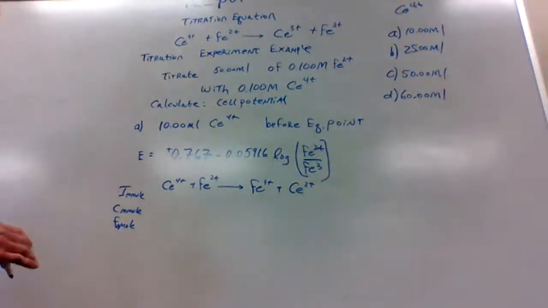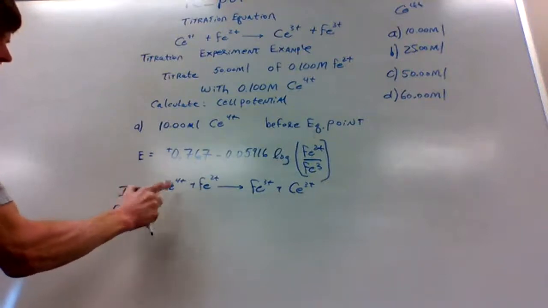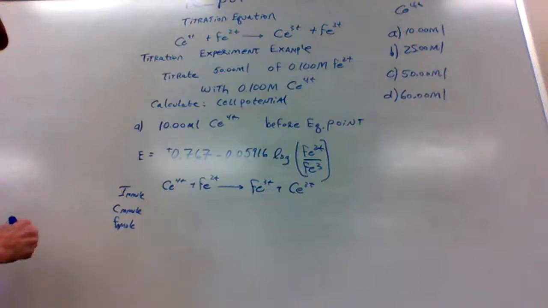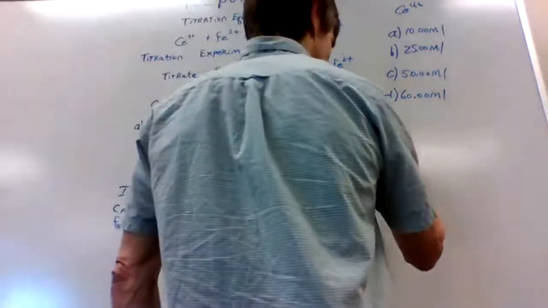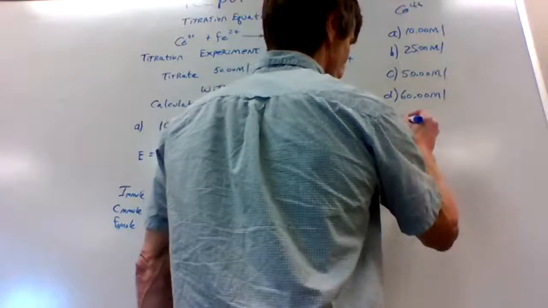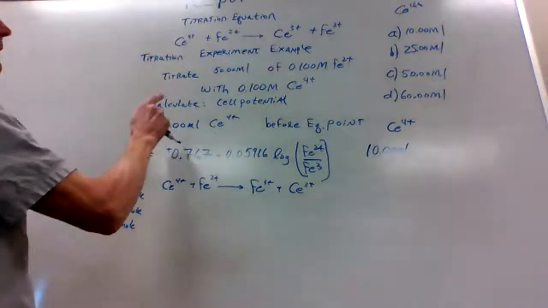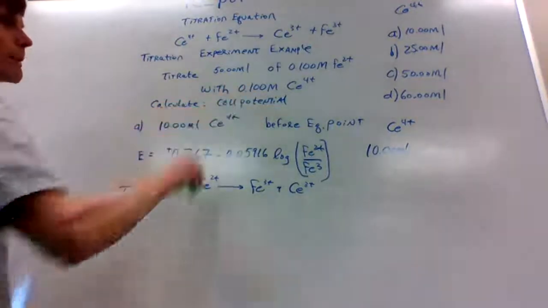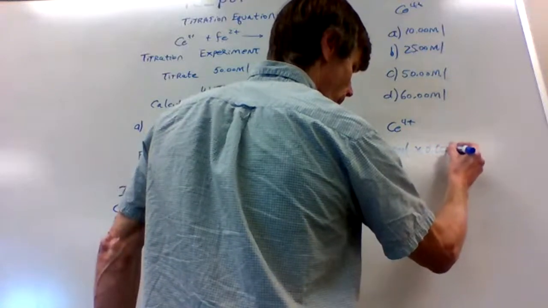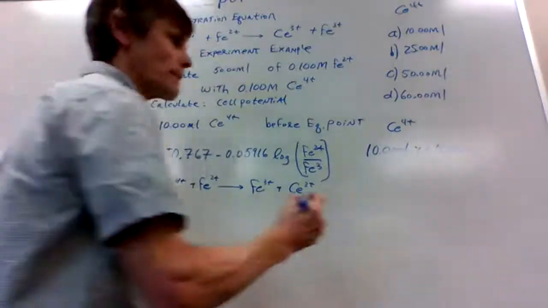So let's add to our table. First thing we need are the initial number of millimoles of our ceric 4 positive. We're adding 10 milliliters, and we've added 0.1 molar. We've added 1 millimole.